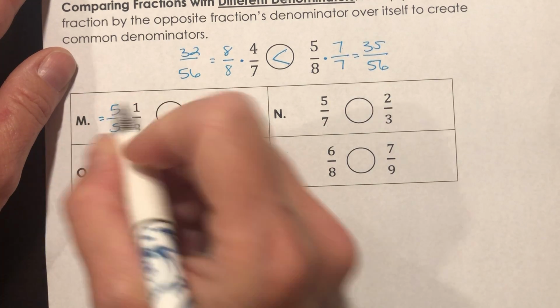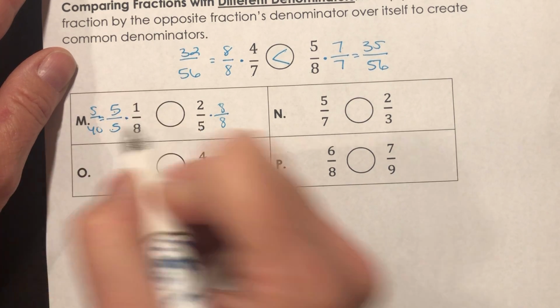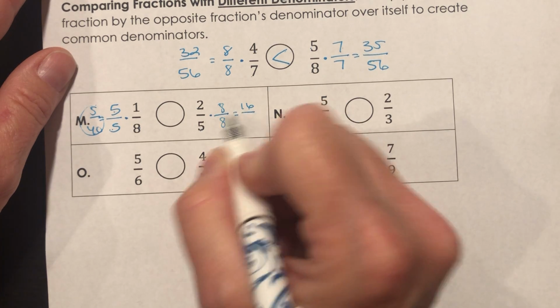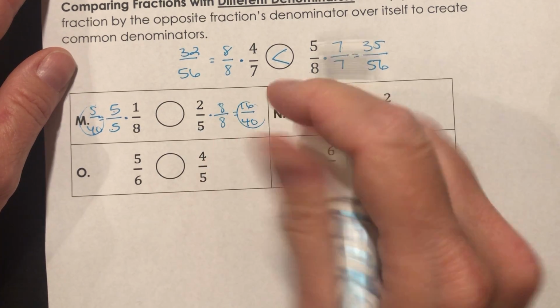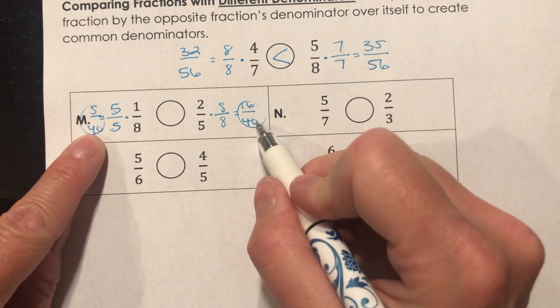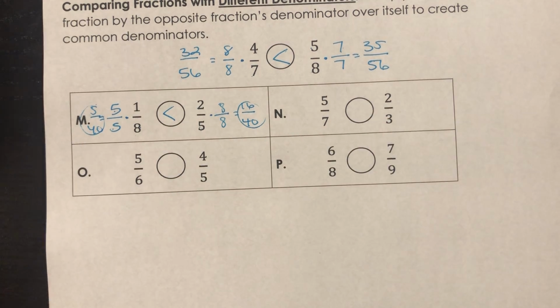When we do that, this is now 5 times 1 is 5, 5 times 8 is 40, so I have 5/40ths, and this would be 8 times 2 is 16, 5 times 8 is 40. Now our denominators match, and we can see that 16/40ths would be more than 5/40ths, because 16 of the same size pieces would be more than 5 of the same size pieces.